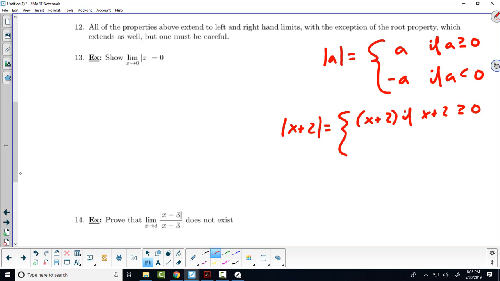Okay, so I'm going to start using this term, argument. The thing inside the absolute value is called the argument. If the argument is greater than or equal to 0, you leave it alone. If the argument is less than 0, you change its sign. What's the thing inside the absolute value? x plus 2. If the argument is positive, you just leave it alone. What if x plus 2 is less than 0?